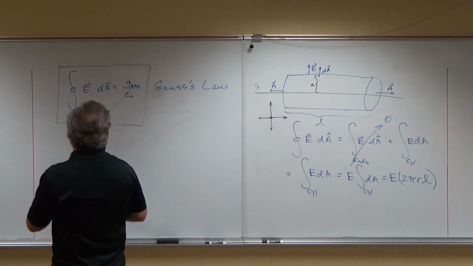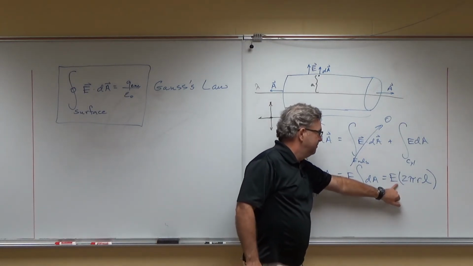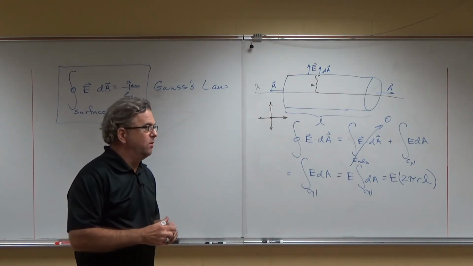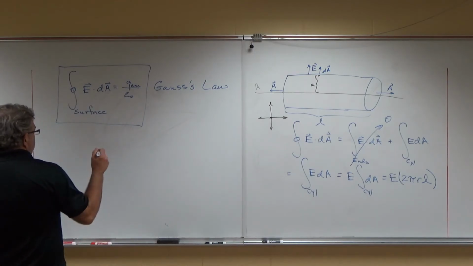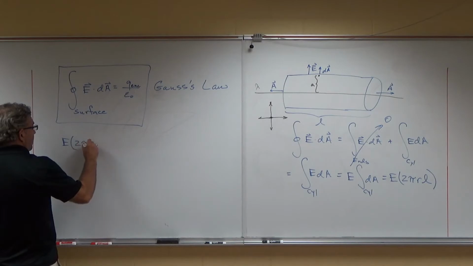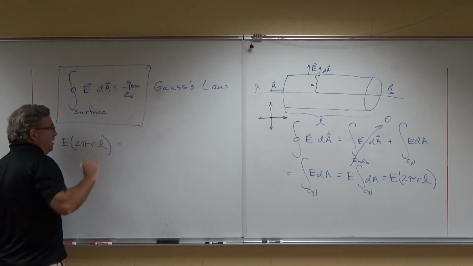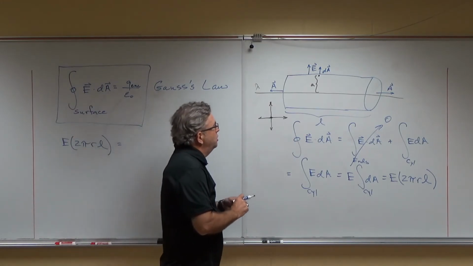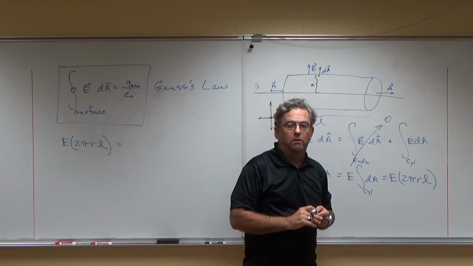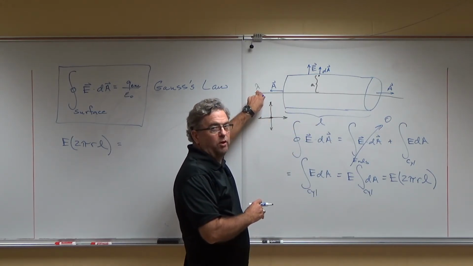Back to Gauss's law. I did the integral. The integral was not difficult because I had that nice cylindrical symmetry. So I get E times 2 pi RL is equal to Q enclosed. How much Q is enclosed in this cylinder? Well, I know that it has some charge per unit length.